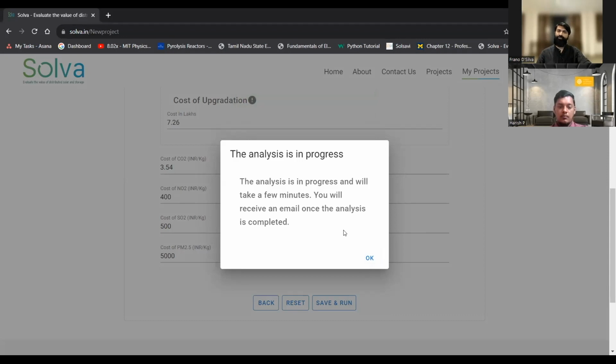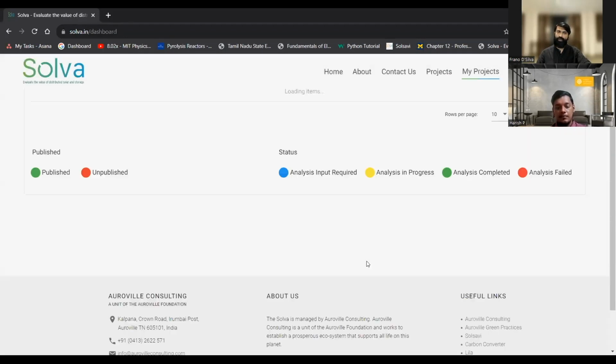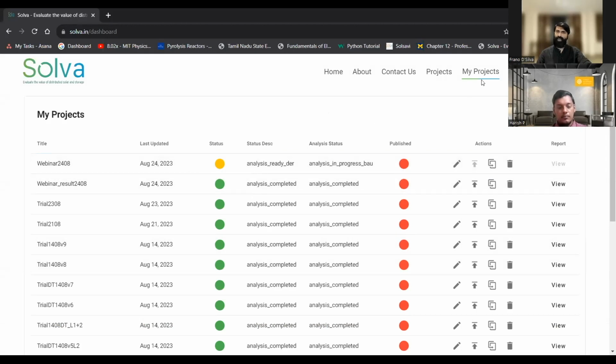Here I would like to inform the participants that when you do an analysis, it takes at least 10 minutes to give back the answer. And once the analysis is done, you will receive an email and then you can come back to this Solva My Projects page where you can see the status of your simulation.